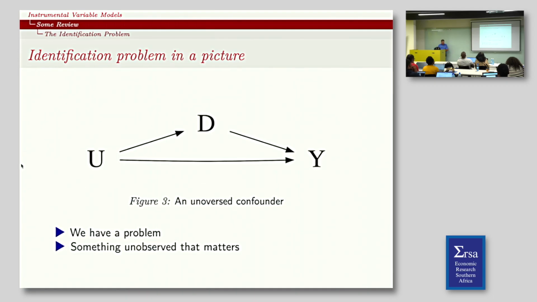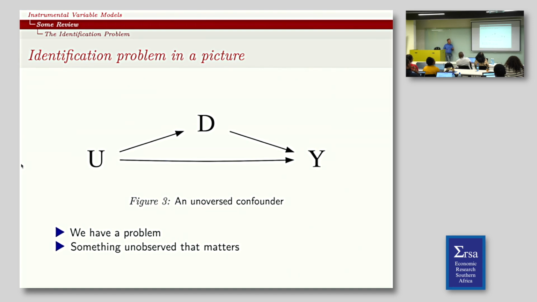So this is the picture we had before. There's some sort of thing I don't observe. It affects the treatment status. It also affects the outcome. If all it did was affect the treatment status, no big worry. If all it did was affect the outcome, also no big worry. It's the fact that it affects both that causes problems.